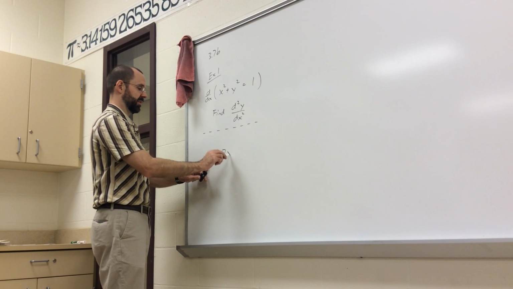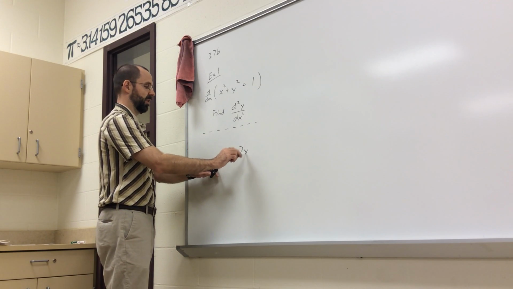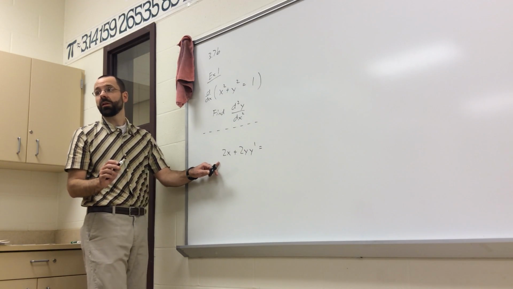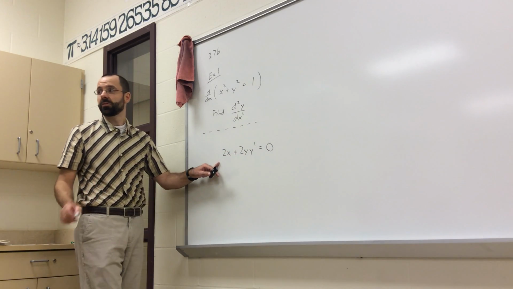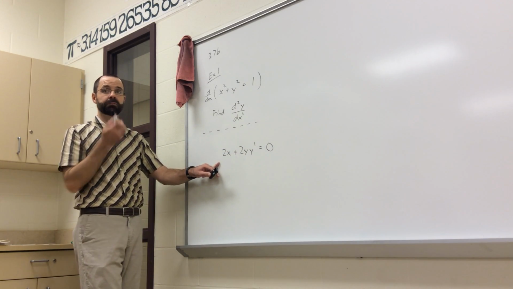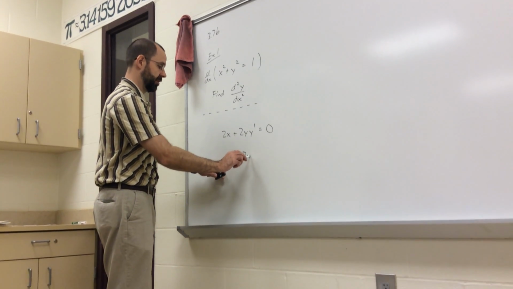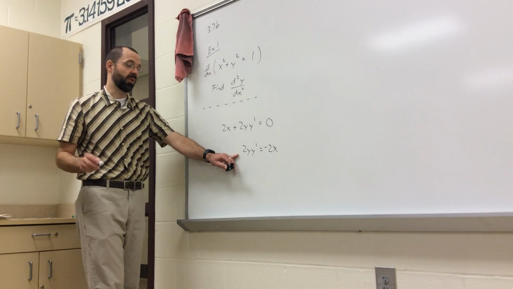So we did one like this. It's not too bad. X squared is 2x. Y squared is 2y, y prime. And then the derivative of 1 is 0. So then you subtract the 2x over and divide by 2y.